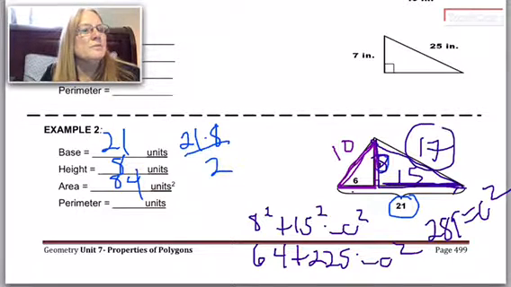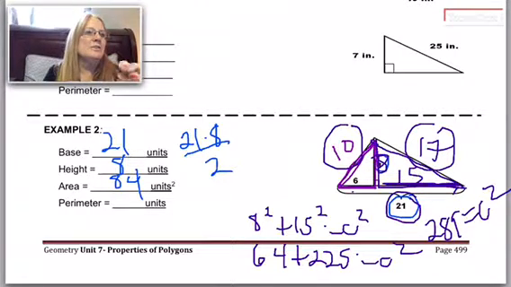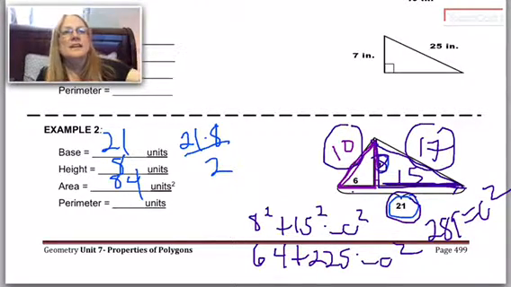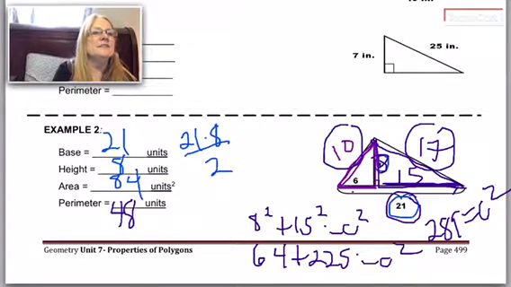So the perimeter is one side that's 17, one side that's 10, and one that's 21. That's 48. So you might have to break it down a little bit to get all the different components.